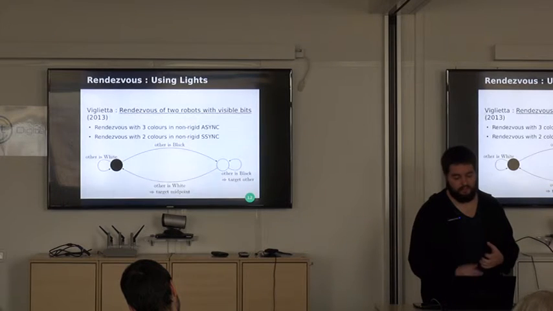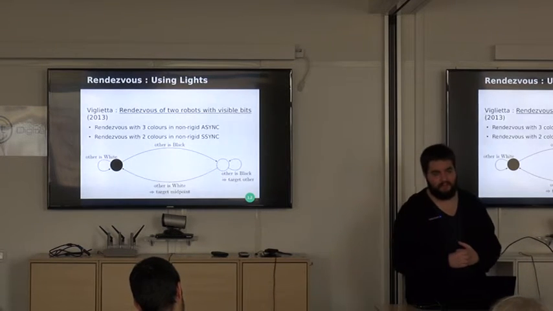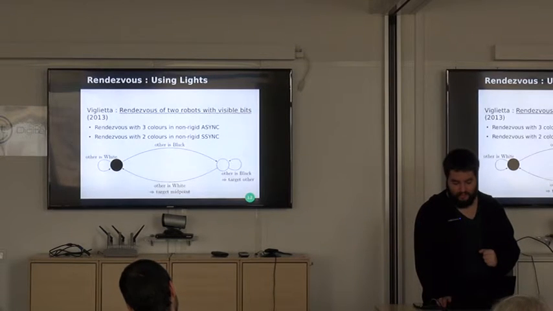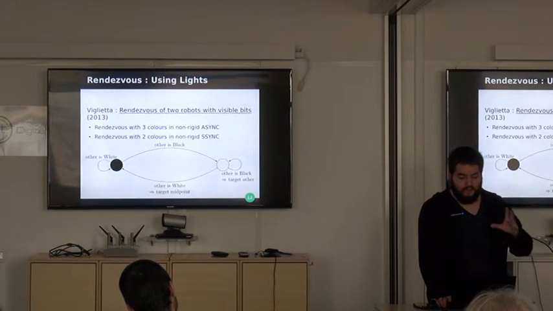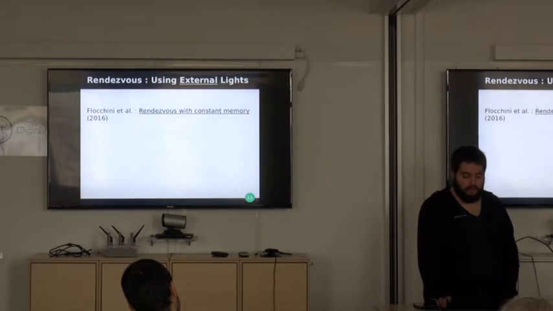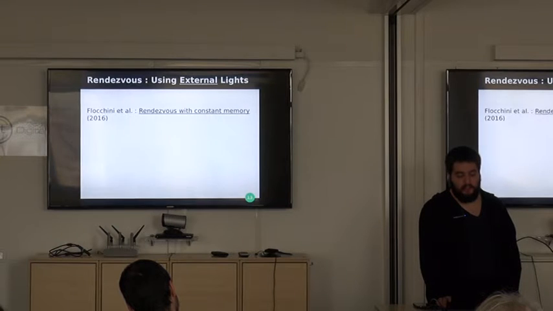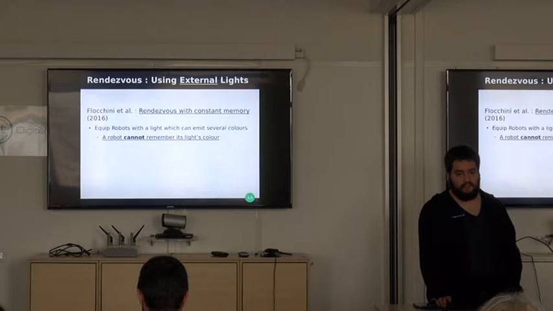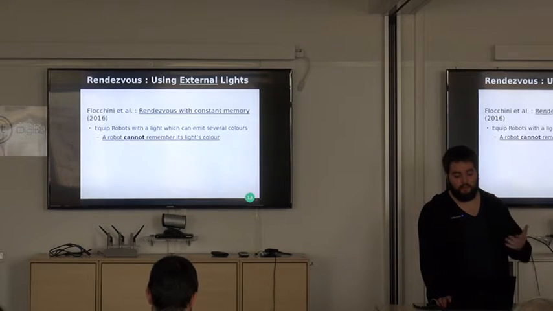Now, this doesn't work in asynchronous because of a very specific and very problematic execution. We're going to talk about this a bit later. A weaker hypothesis that was done using the lights was called external lights. So external lights is essentially the same thing, except robots cannot remember their own color. So they only use the colors of other robots.